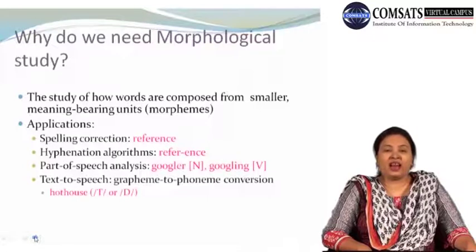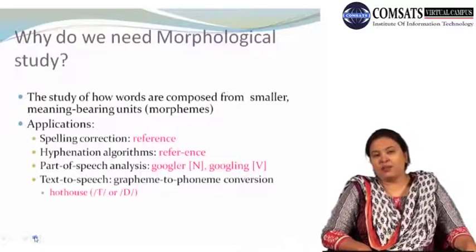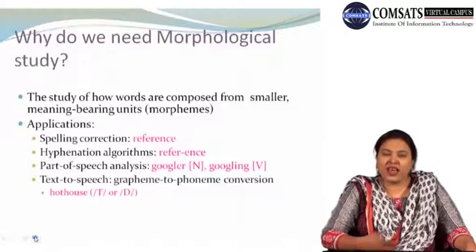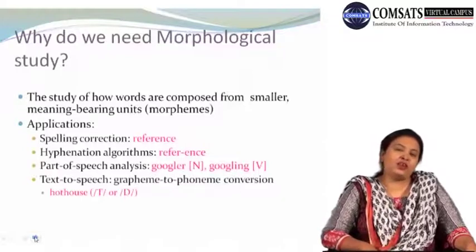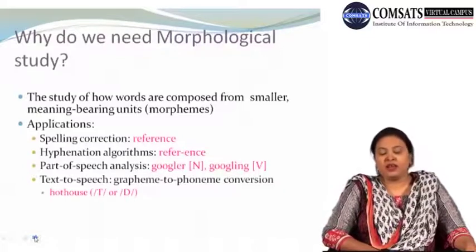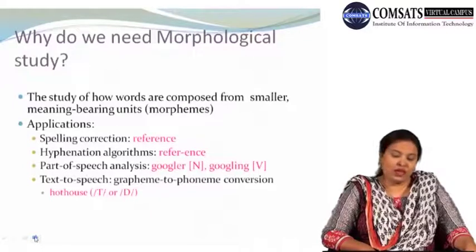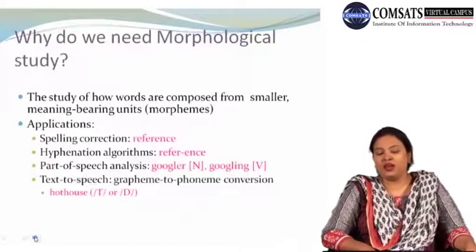Then we can analyze the parts of speech. For example, Googler, from the word Google. A person who is Googling is known as a Googler, a noun. Googling is a verb. So we can identify the parts of speech with the help of morphological structure. Similarly, in text to speech, the relationship from grapheme to morpheme, and then phoneme to morpheme, is important.